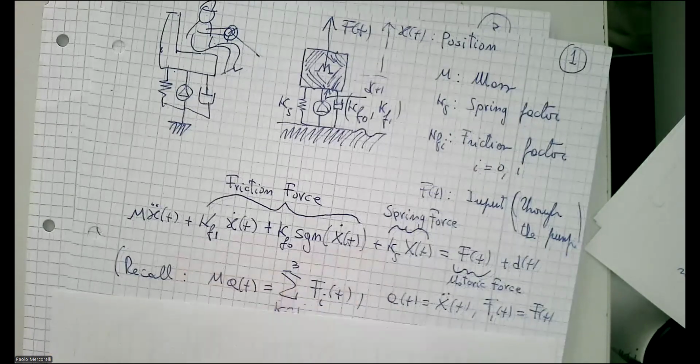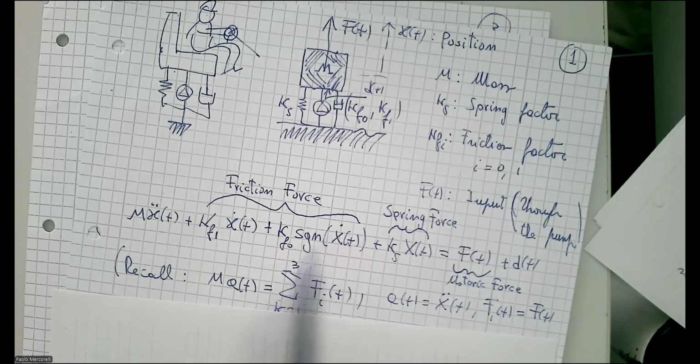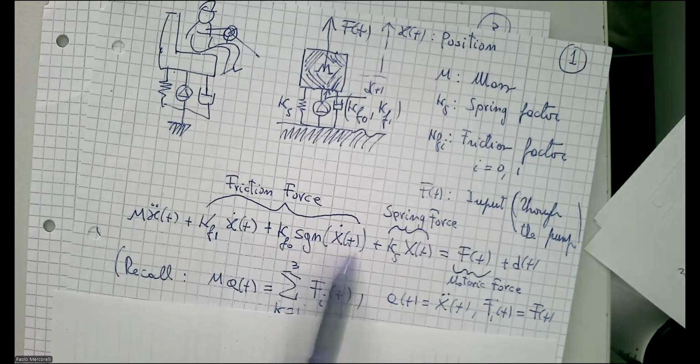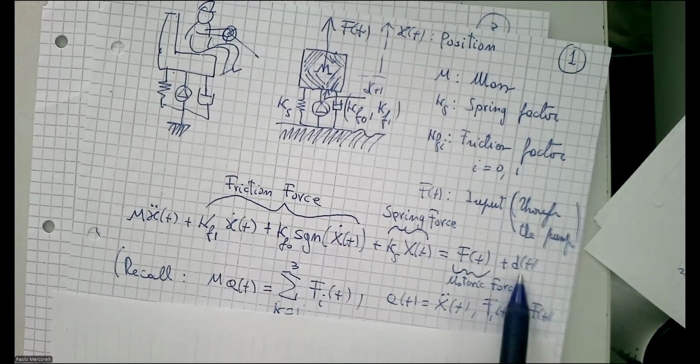Basically, the Coulomb model realizes the friction as a polynomial function. Here we have a constant. Of course, SGN is there in order to express the concept that it is always against the velocity. Against means, think about these two elements here on the other side.